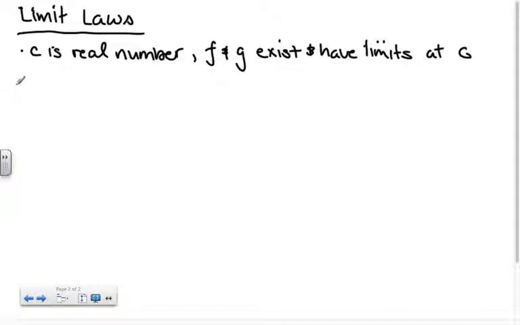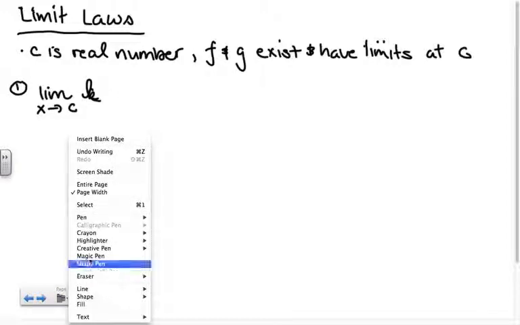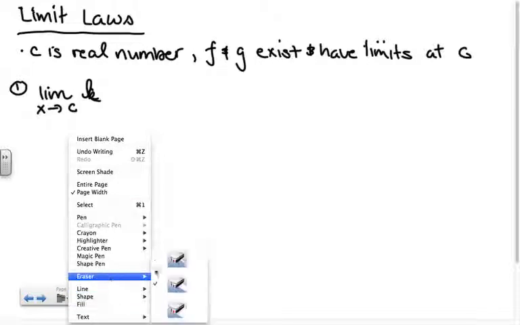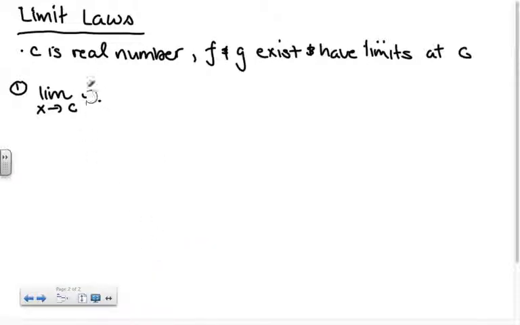Firstly is constant rule. The limit of any constant k is the constant itself.